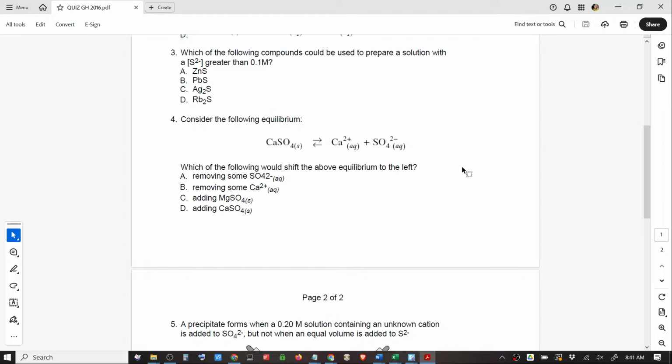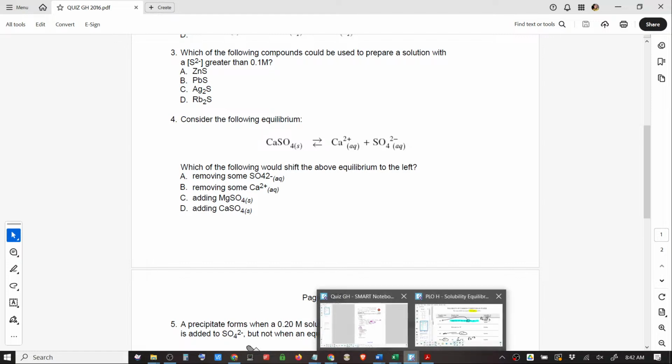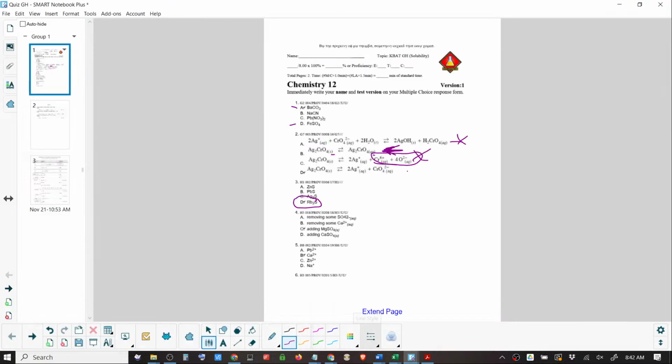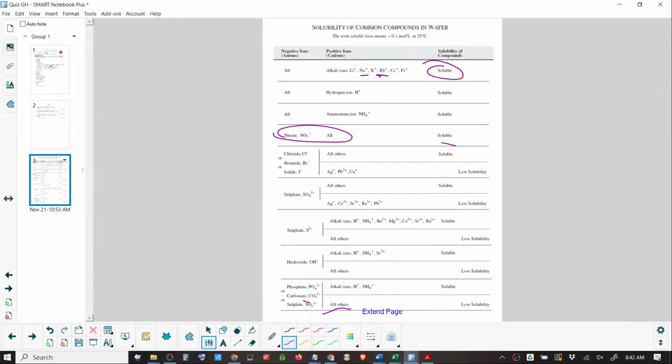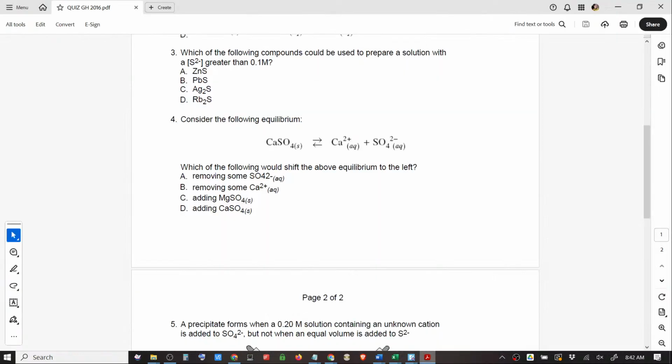If I ask if it's soluble or low solubility, and you're not checking your solubility table, your solubility table is going to tell you you've got magnesium, you've got calcium. If we go to the actual quiz, where was it there? Calcium is there. Magnesium is not.